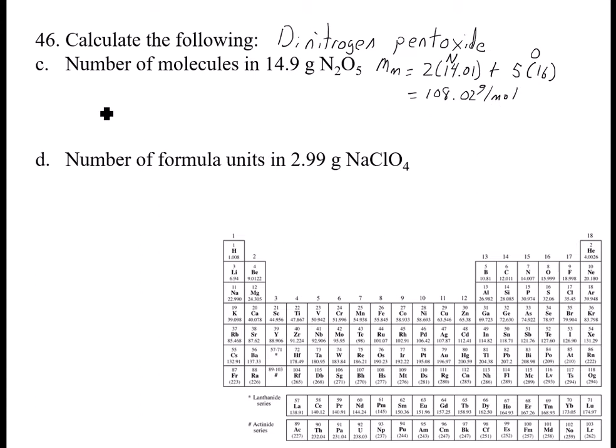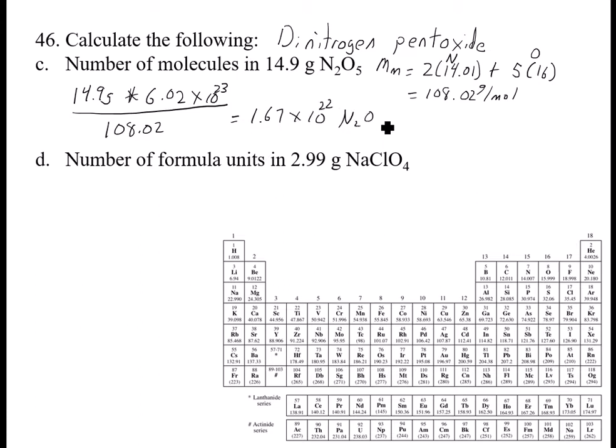So the formula is I take the mass given, which is 14.9 grams, times Avogadro's number. This is a constant, so I'm going to use the same number every time, divided by this molar mass of 108.02. And when I do that, I get 1.67 times 10 to the 22nd N2O5 molecules.